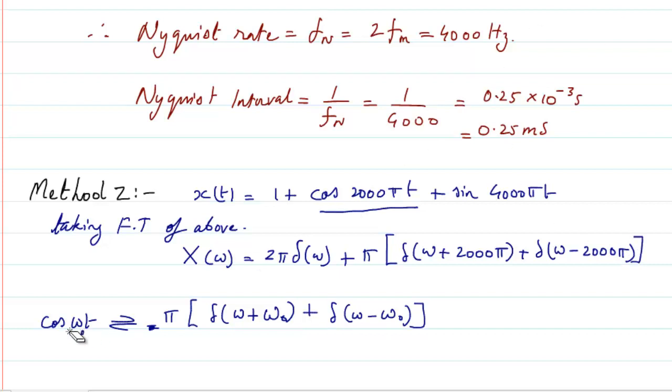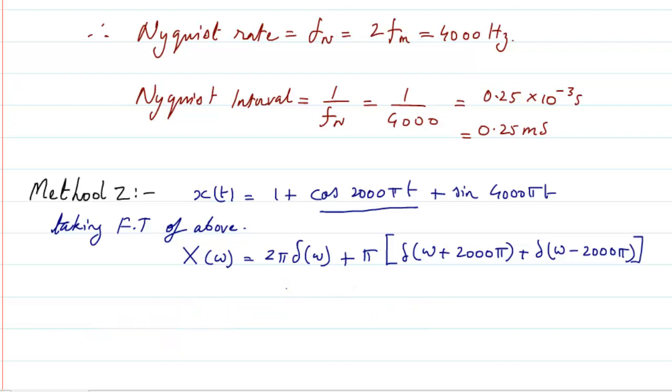Okay. Similarly, for sine of omega naught t, what we are going to have is j pi, and instead of having a plus sign in between, we will have a minus sign in between. That is the only difference, isn't it? So if I use this, then let me write it.